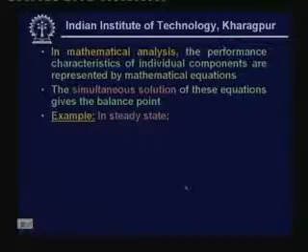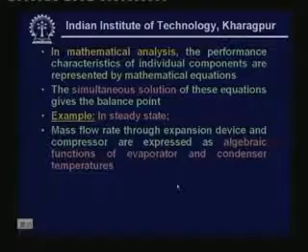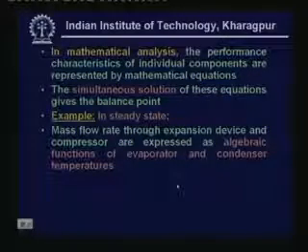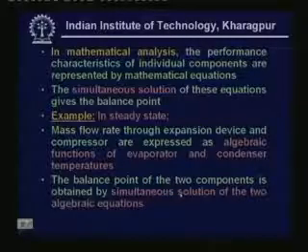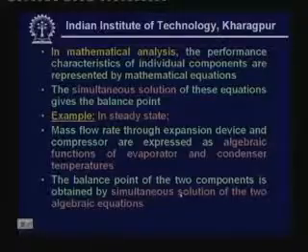For example, in steady state, mass flow rate through expansion device and compressor are expressed as algebraic functions of evaporator and condenser temperatures. The balance point of the two components is obtained by simultaneous solution of the two algebraic equations. That means, for example, at a fixed condenser temperature, we have one curve for the mass flow rate of compressor as a function of the evaporator temperature.